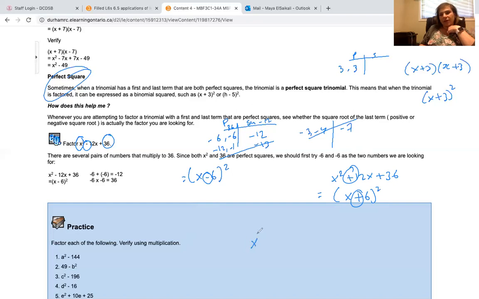Let's say I have x squared plus 14x plus 49. I look at these numbers. This is a square term, 49 is a square term. So I'm going to try 7 and 7. 7 and 7 add to 14, so they add to the middle term. Here we go, right? So right away I can say it's x plus 7 squared.